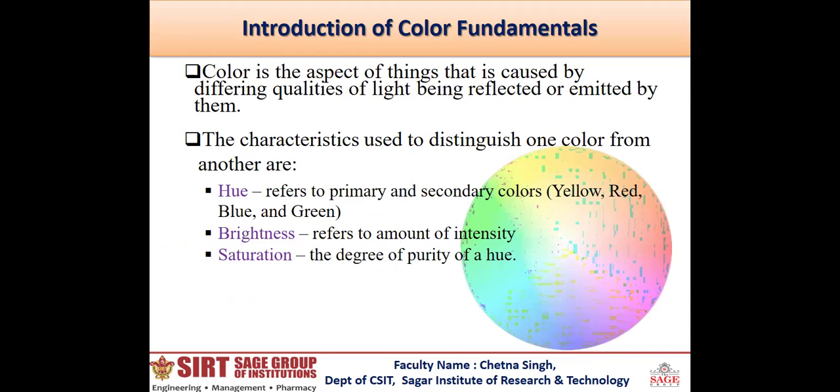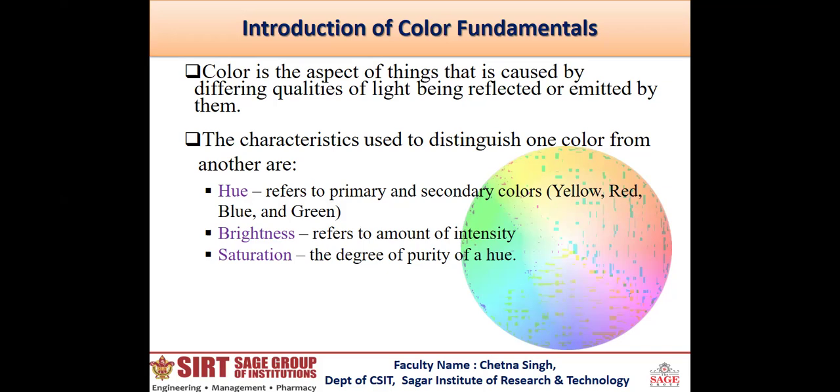When we use the RGB color model, hue is defined by the primes: red, green, and blue. And if we use the CMY color model, then cyan, magenta, and yellow are known as the primary colors, and the remaining combinations of colors are known as the secondary colors. So hue refers to primary and secondary colors.